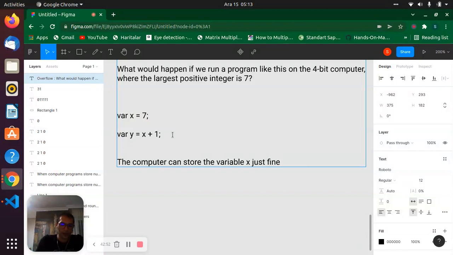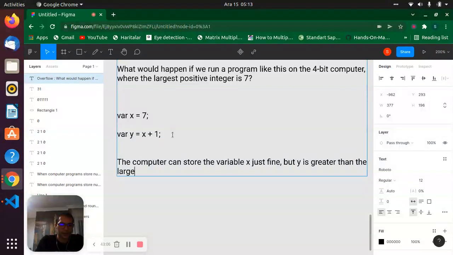but y is greater than the largest integer it can represent with 4 bits. 4 bits can be what do you think? 0 power of 2, 1 power of 2, 2 power of 2, 3 power of 2.